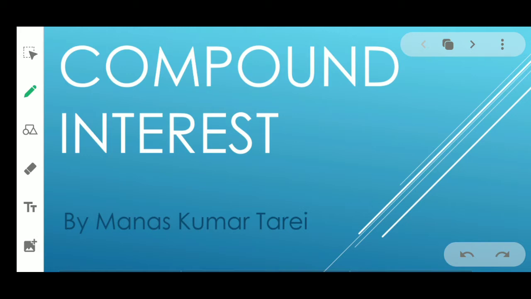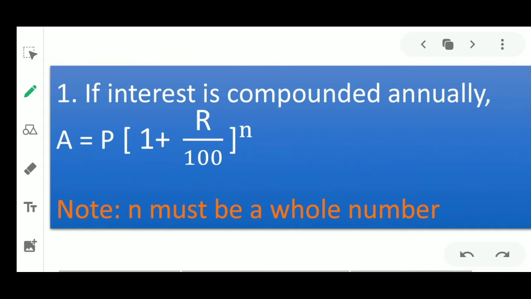In the previous class you learned how to find compound interest, but in today's lesson you will learn how to find compound interest using a formula. The first formula: if interest is compounded annually, then the amount is A = P into (1 + R/100) whole to the power n.